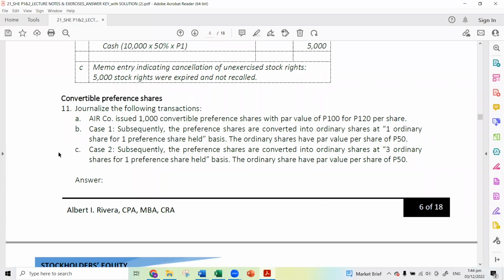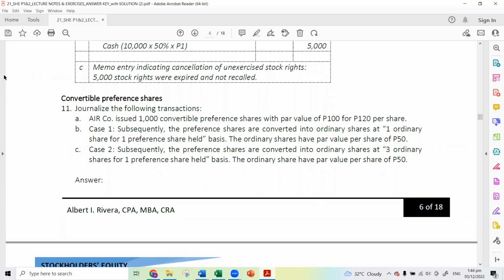Itong convertible preference shares na to class. Okay, when preference shares are convertible to ordinary shares or issued, the entity has issued only one type of financial instrument, and that is an equity instrument, but of a different class. Diba? Convertible nga preference shares.